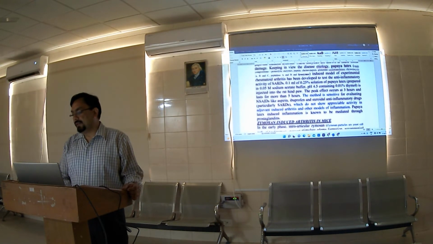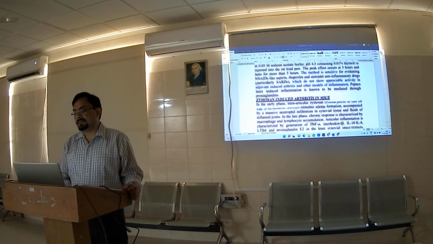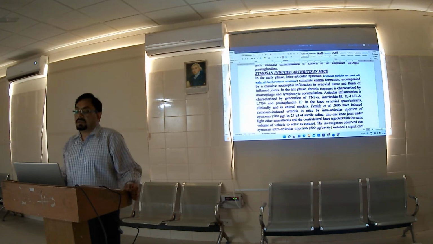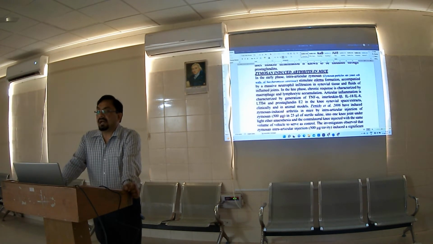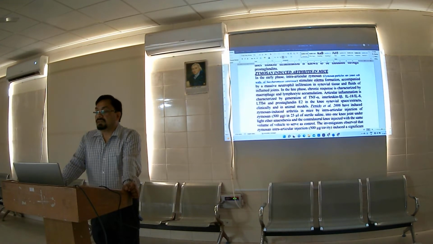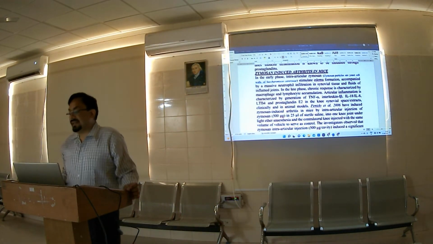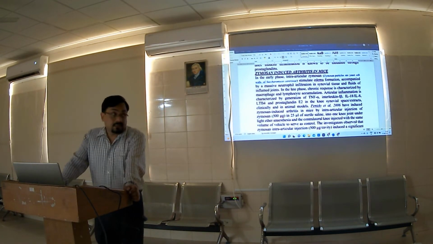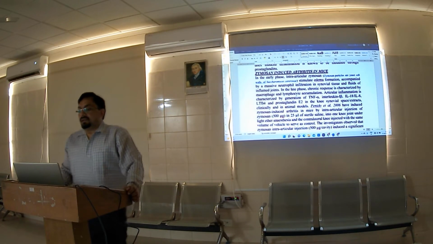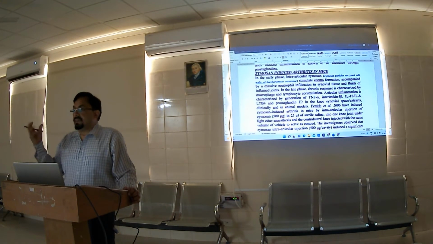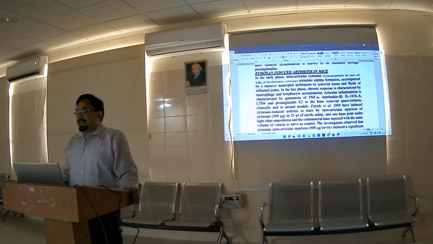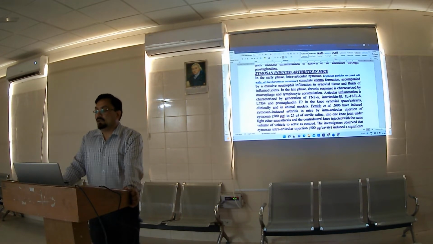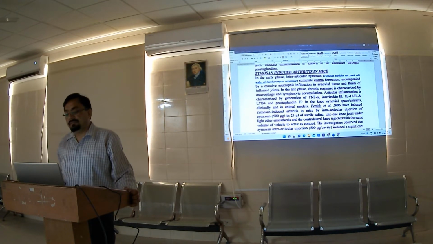Similarly, one more model by which we can induce arthritis is zymosan-induced arthritis in mice. In the early phase, intra-articular zymosan. What is zymosan? Zymosan particles are yeast cell walls of S. cerevisiae. These zymosan particles stimulate edema formation accompanied by a massive neutrophil infiltration in synovial tissue and fluids of inflamed joints.